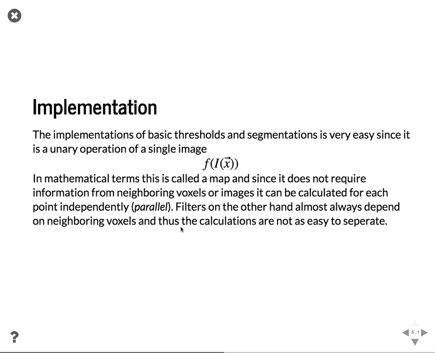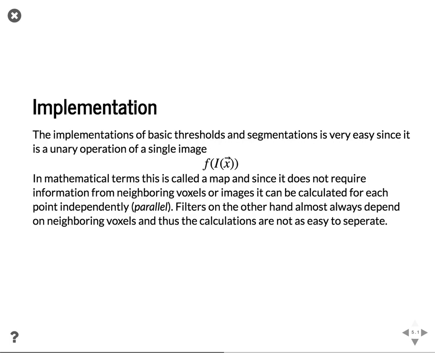So for the implementation, we won't really talk about this very much, but thresholds and segmentations are very easy because it's sort of a unary operation, and so it takes one input and creates one output. And all the approaches we've talked about so far can be calculated in a point independent fashion, which means you can parallelize it or run them across a large data set very quickly.